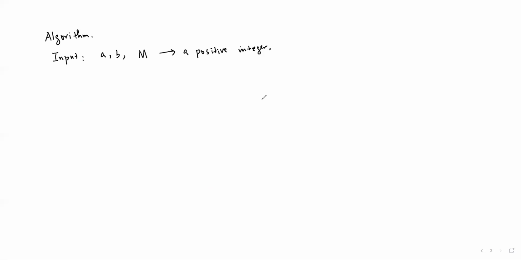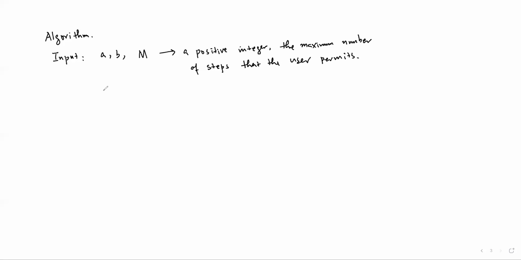So M is a positive integer, the maximum number of steps that the user permits.